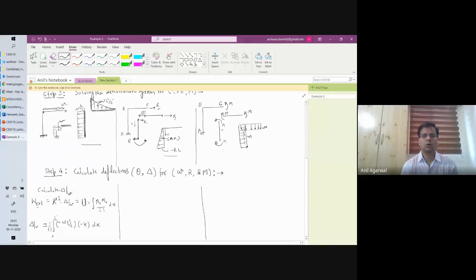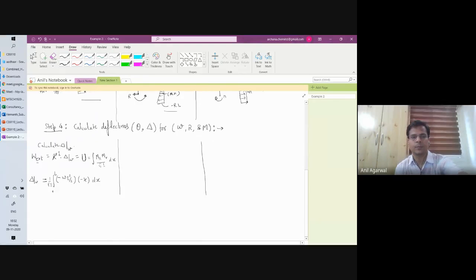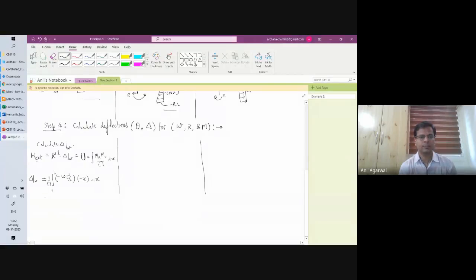The horizontal member does not have any strain energy. Minus and minus will cancel out, W L square by 2 EI, and the integral of x is x square by 2, so L square by 2. That is W L to the power 4 divided by 4 EI, and that is my delta value because of W.